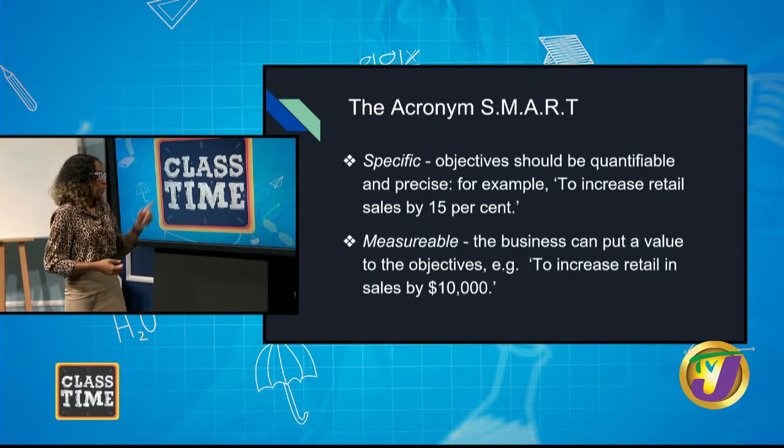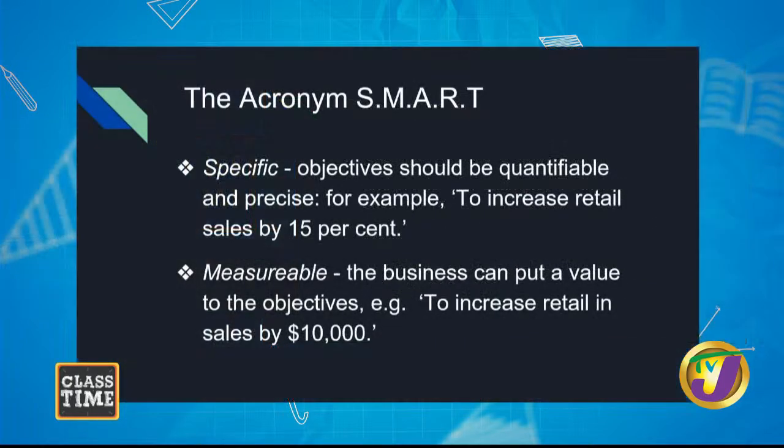All right? For measurable now, we want to put a value to the objective that we want to achieve. We don't just want to write any objective, because remember, we want our companies to thrive, right? That's what we're here for. We want to hear about our company out there in the general public, that you're being profitable, all right? So we want to ensure that our objectives are on point. So for measurable, we need to put value to it.